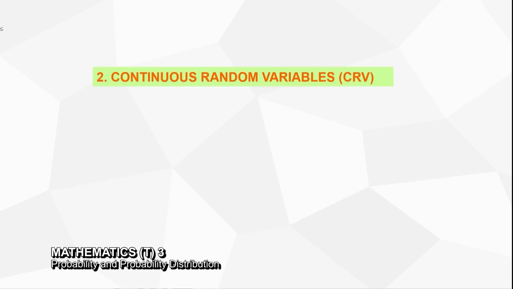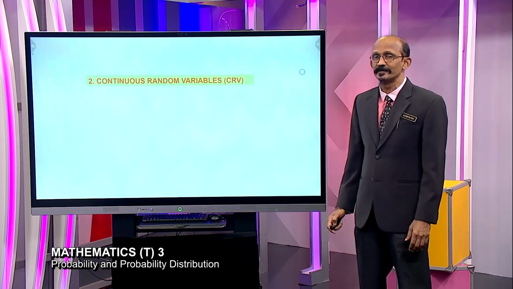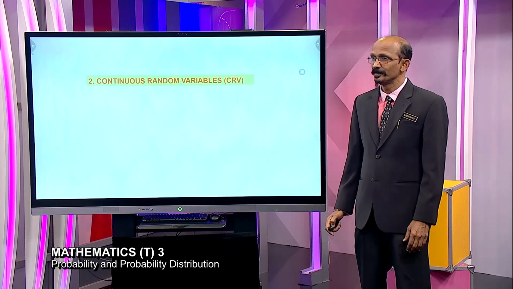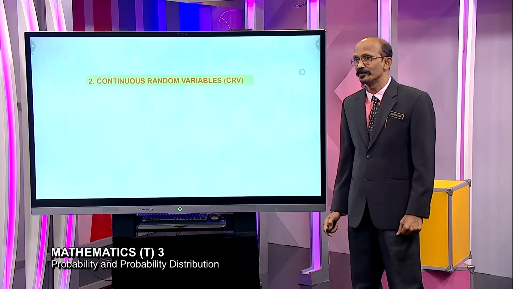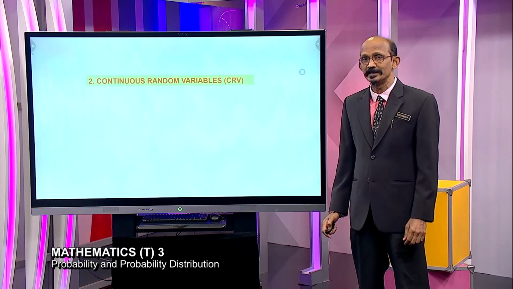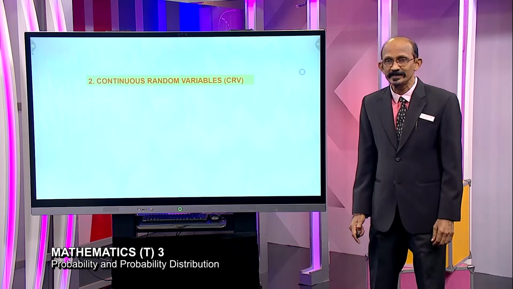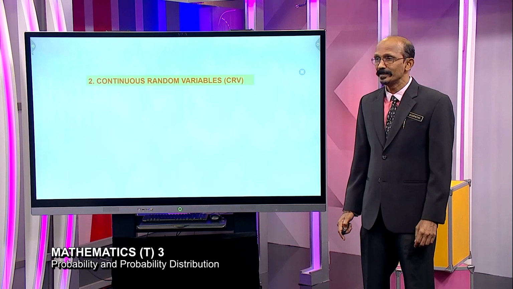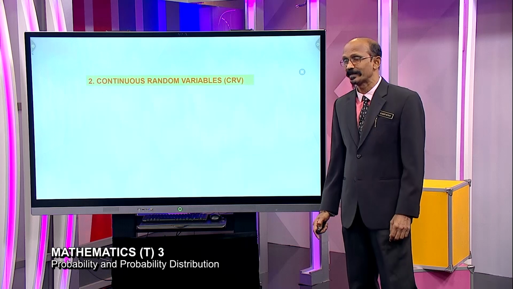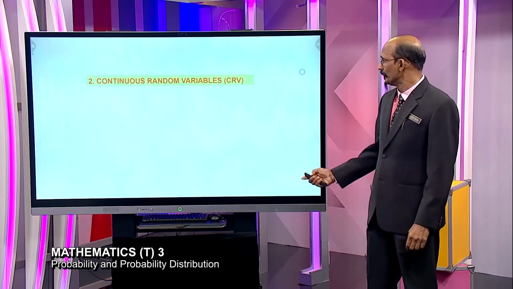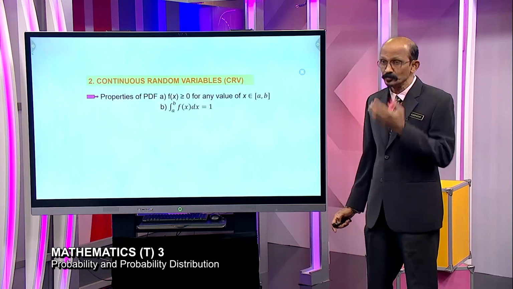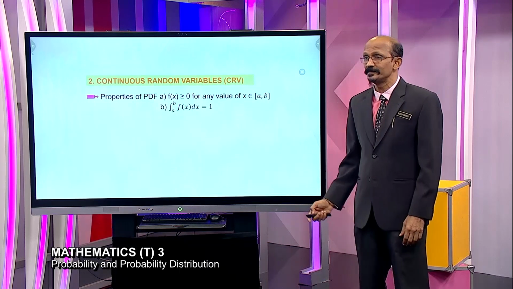The next part of the chapter is continuous random variable, CRV. For this, if your integration, which you studied in second sem, is very poor, then you cannot answer questions in this part. This basically involves integration, the calculus you studied in sem 2. First, you need to know the 2 properties of CRV.